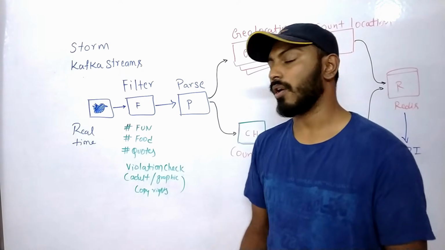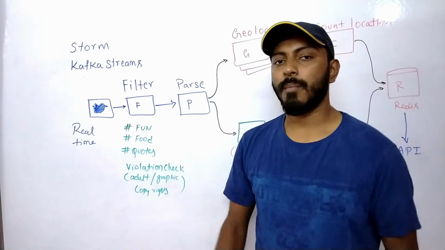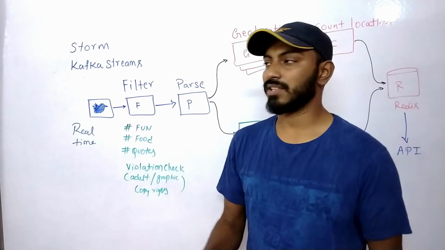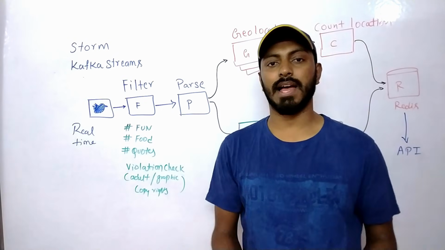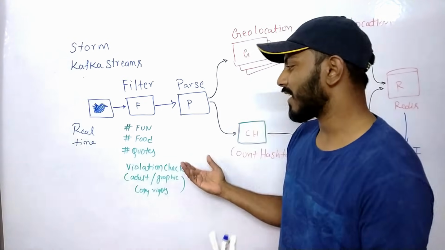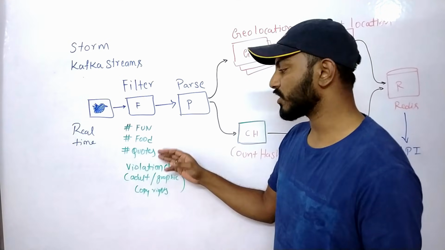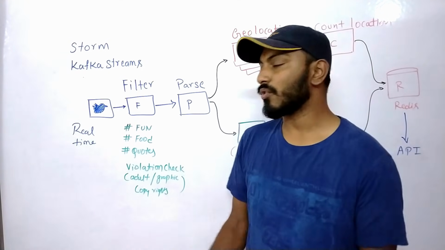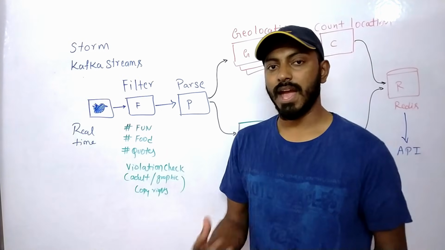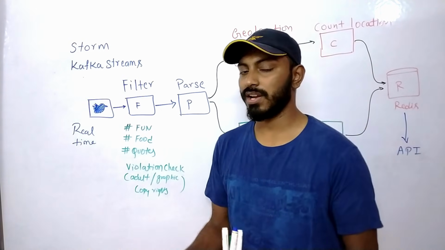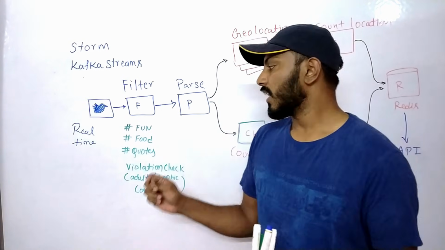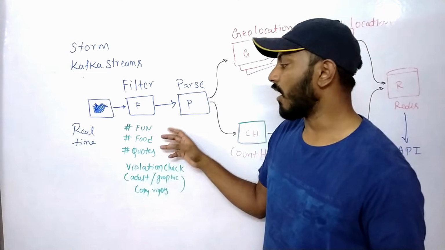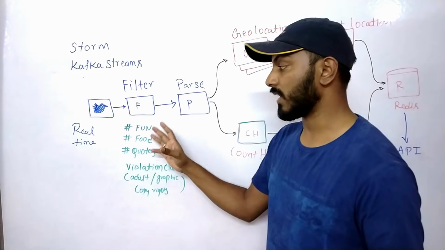That's a kind of manual job. The most common, frequent hashtags, which don't qualify as trending hashtags, like fun, travel, food, quotes, all these kind of lame hashtags, we don't even consider them as part of trending hashtags. So we have to filter all these hashtags from the tweets if there are any.